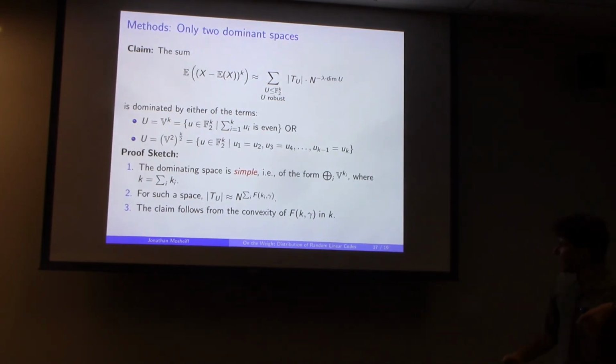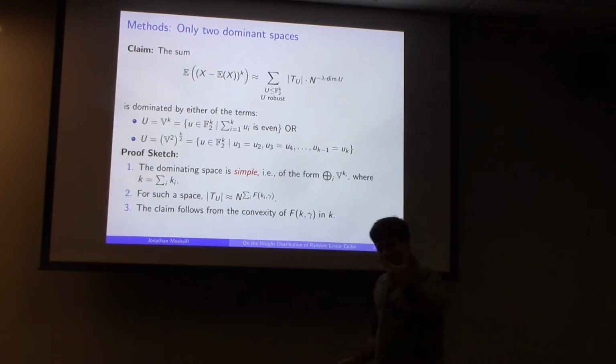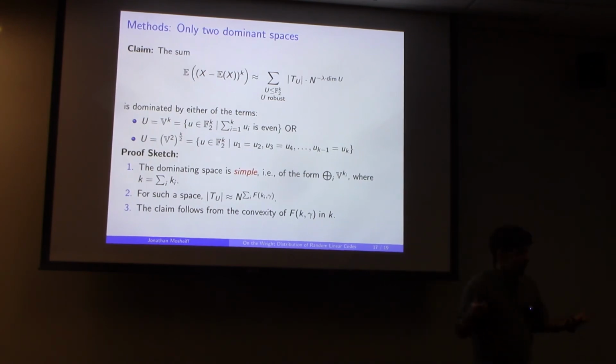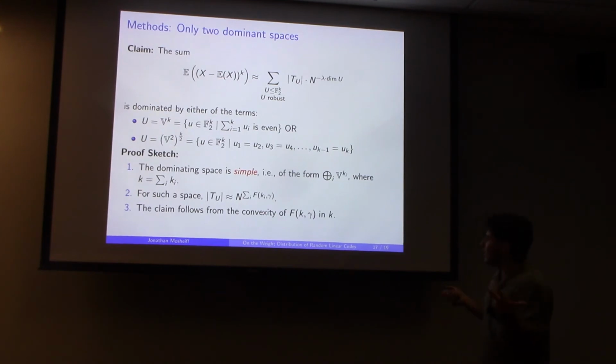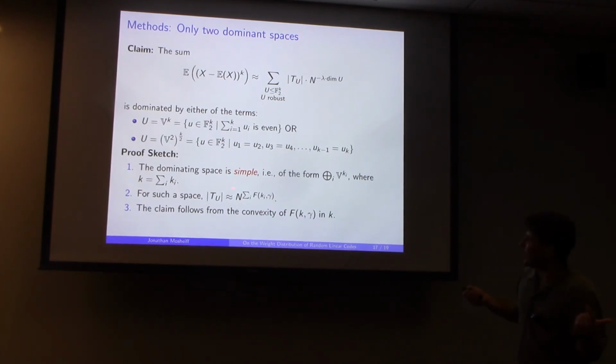It turns out that, and I'm going to say something very informal, given the space of your constraints, this function is convex. Saying something a bit more well defined: we only care about spaces here which are direct sums of these VKs, of very simple spaces.